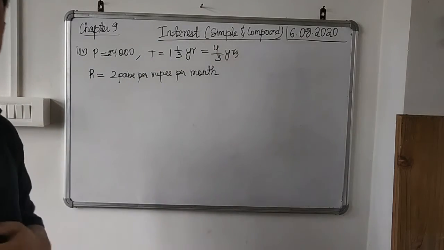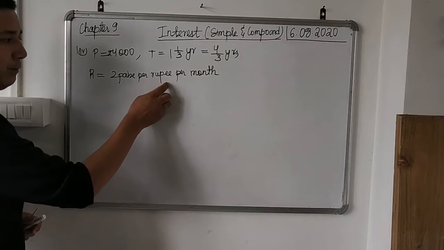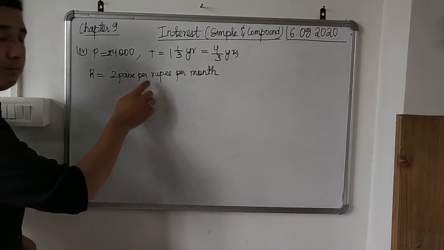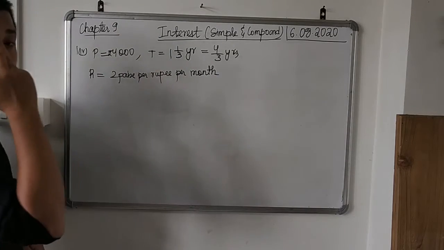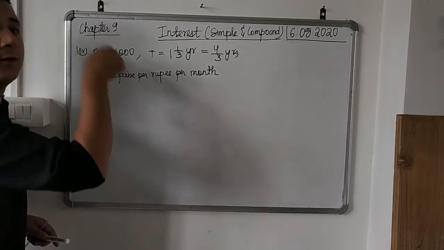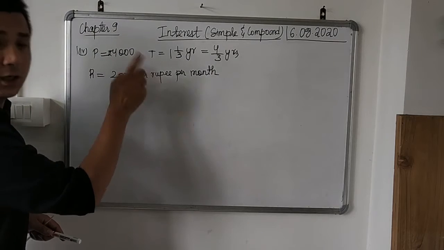Now again the interesting thing out here is the rate. 2 paisa per rupee per month. So 2 paisa per rupee means, is it 2 by 100? 2 paisa per rupee. So per means divided. Rupee means 100 paisa, isn't it?